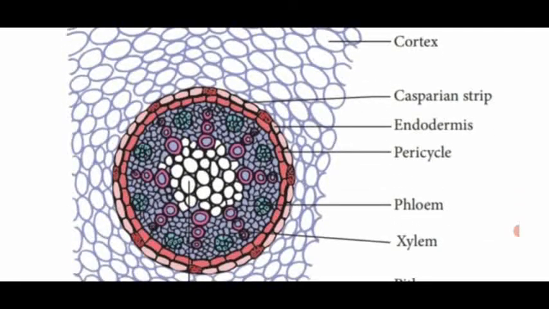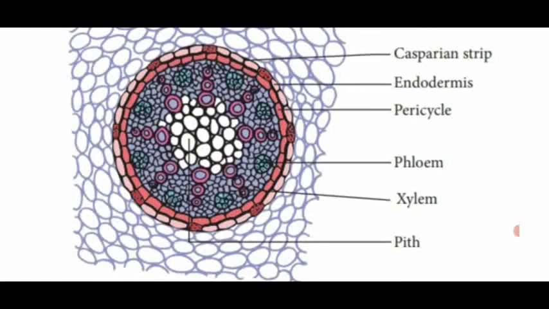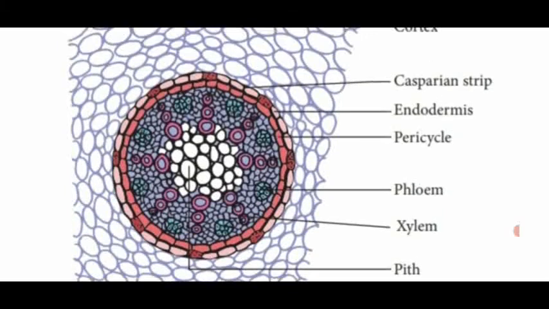Likewise, the innermost layer is called endodermis. This endodermis has barrel shaped, closely packed parenchymatous cells, with dark band-like thickenings present in the radial and inner tangential walls, made up of the chemical substance called suberin.